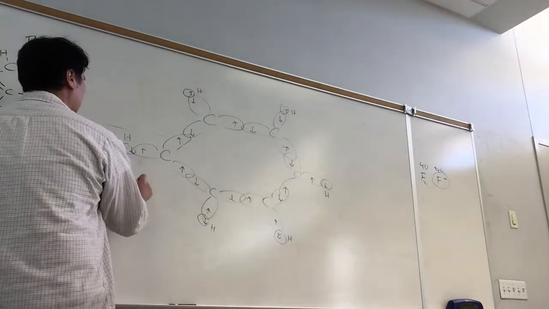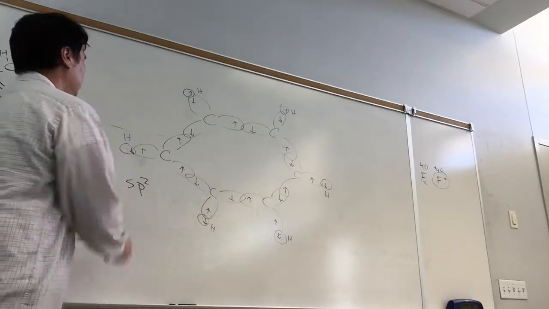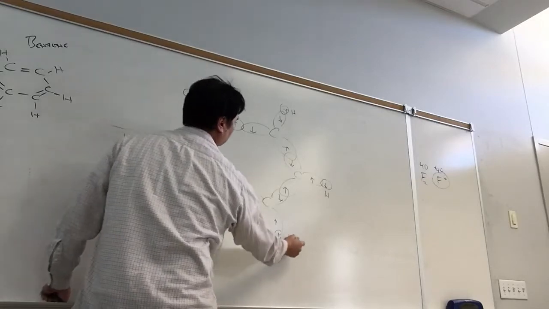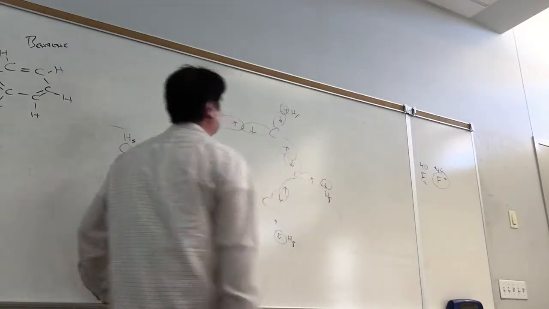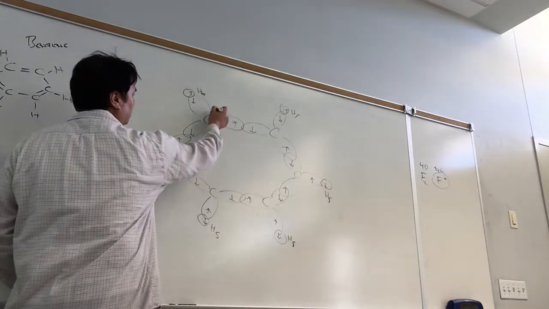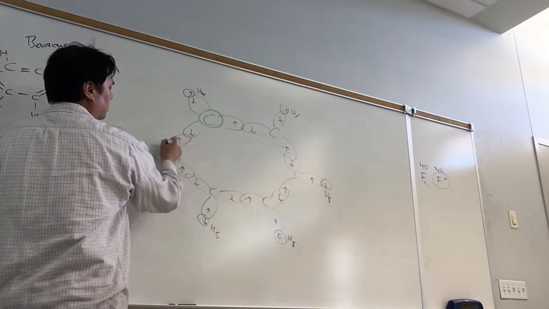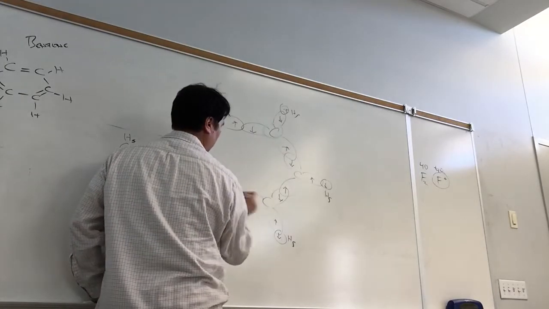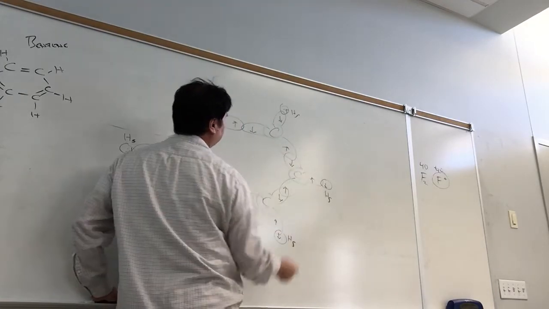This is the sp2 network. These are hydrogen s orbitals. Each carbon is sp2 hybridized, then there's going to be an unhybridized p orbital, and those are going to be coming out of the board. So this is flat as a plane.